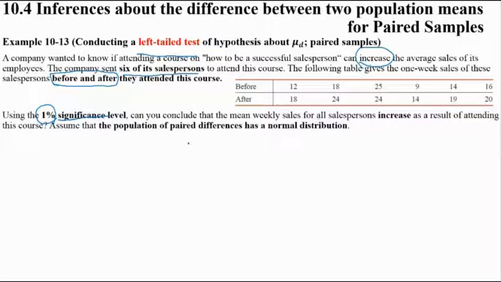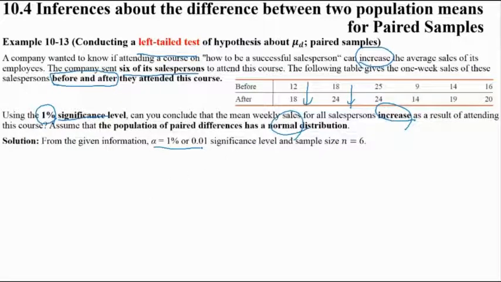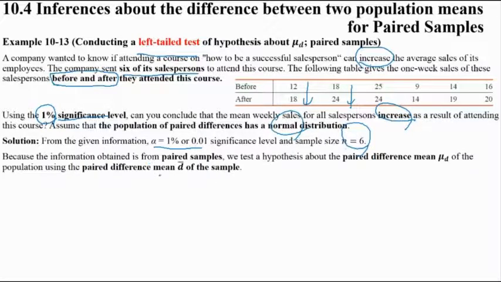They check a hypothesis test, which can be two tail, one tail, left tail, or right tail. So we should do that. Here, the mean weekly sales of the salesperson increases from before to after. We are looking for an increase. It's normal too. So 1% significance level, sample size 6, and of course a paired sample.